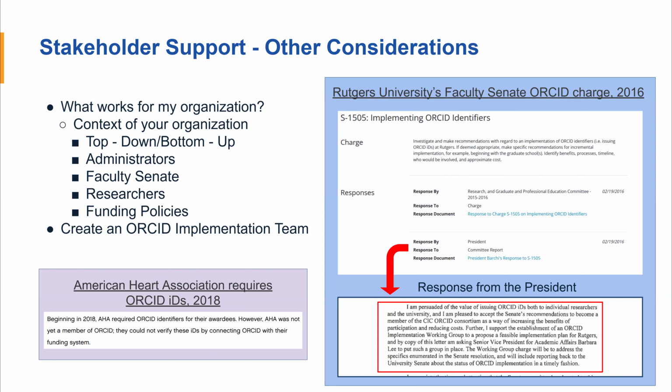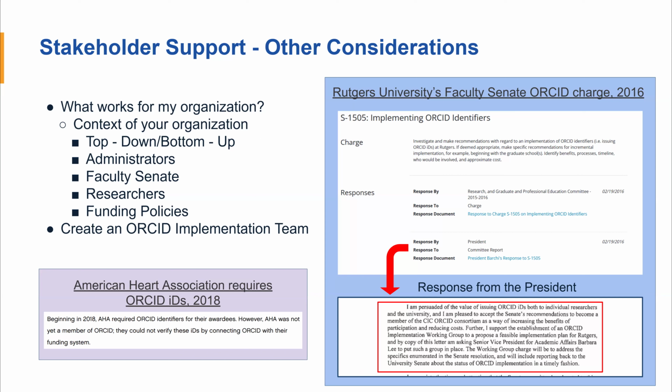So here, for example, if we think about a faculty senate, more of a bottom-up approach, an example here is Rutgers University working with the faculty senate, and the faculty senate essentially had a charge of investigating and recommending a potential adoption of ORCID identifiers. So that's the charge that they had in 2016.